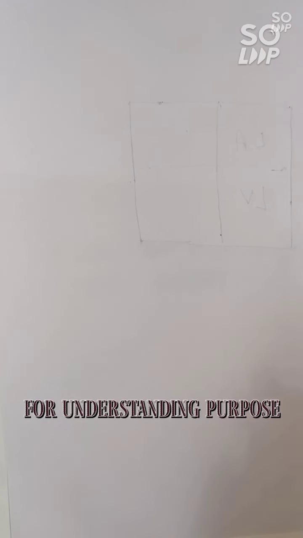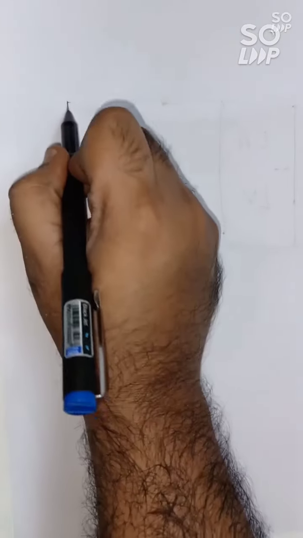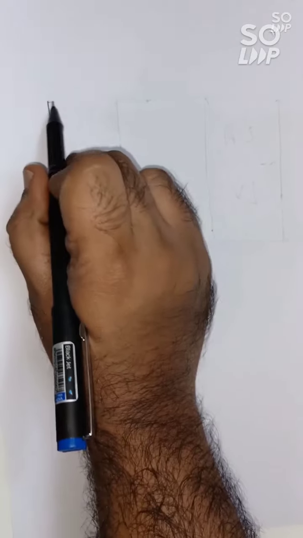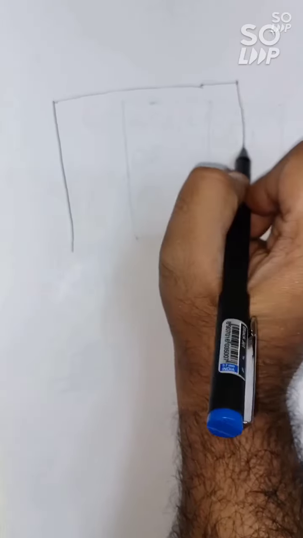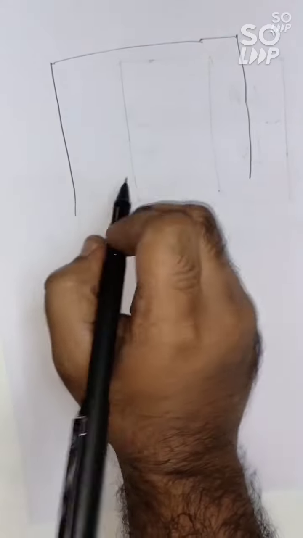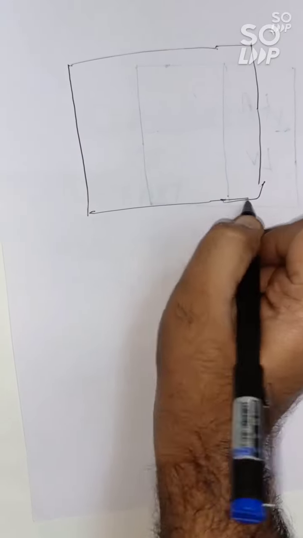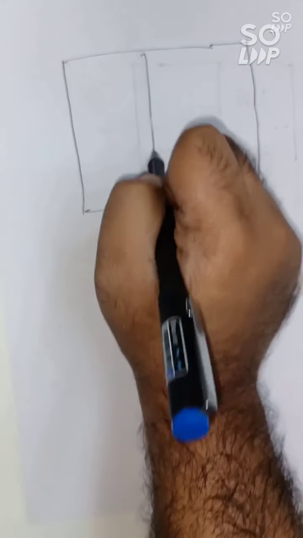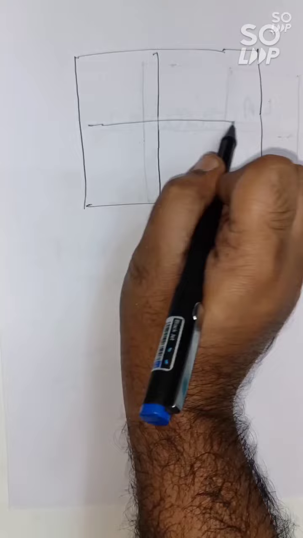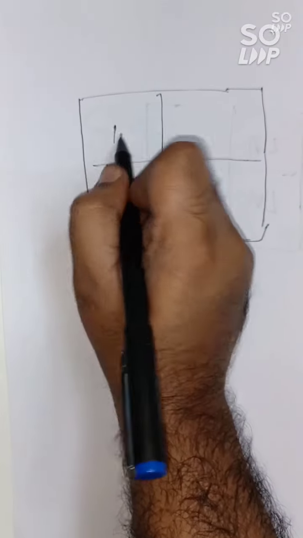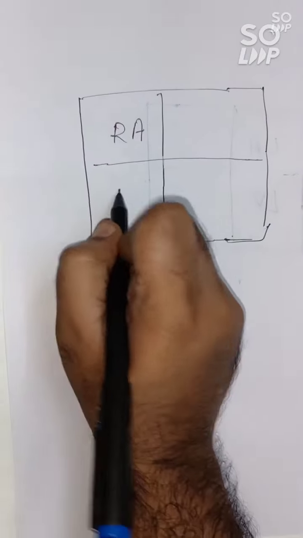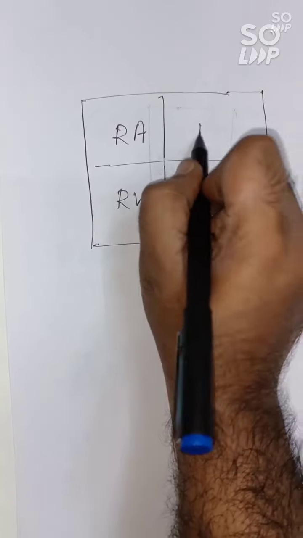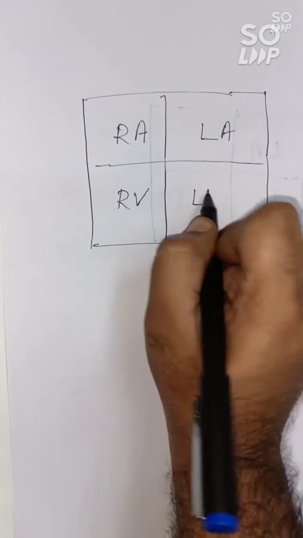For easier understanding, let us consider this big box as a heart. And these are the 4 chambers of the heart, that is right atrium, right ventricle, left atrium and left ventricle.